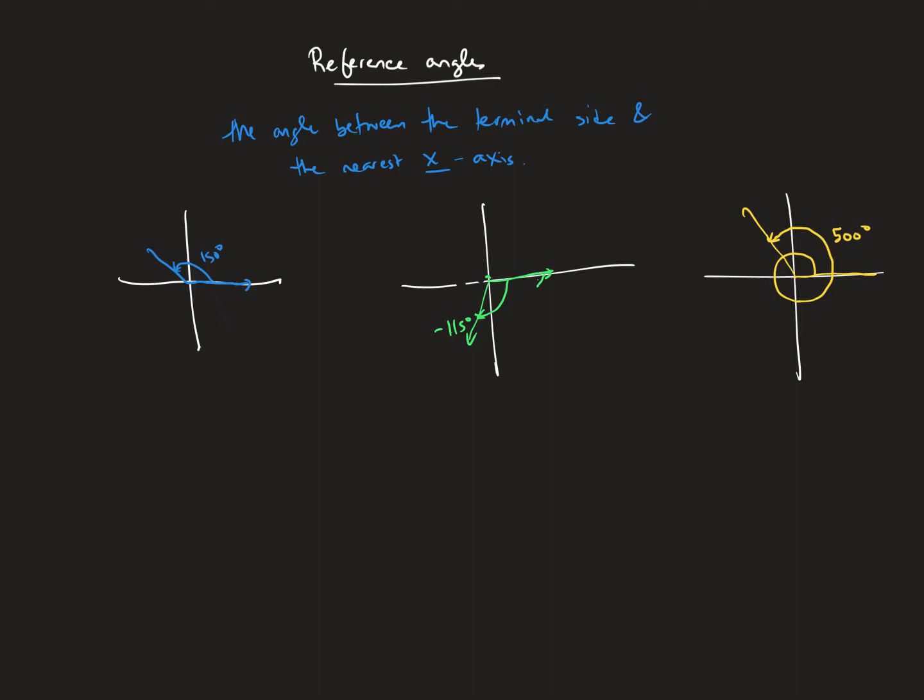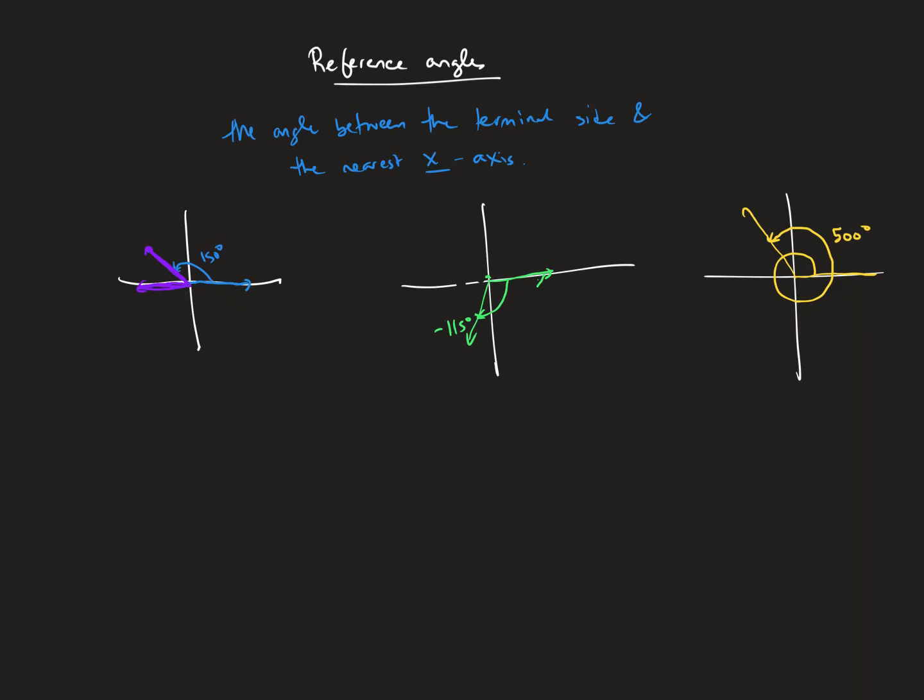Okay, so reference angle. Let me get a color I haven't used yet, purple. We're going to go to the terminal side, which is here, and we're going to choose the nearest x-axis, which in this case would be this measure.